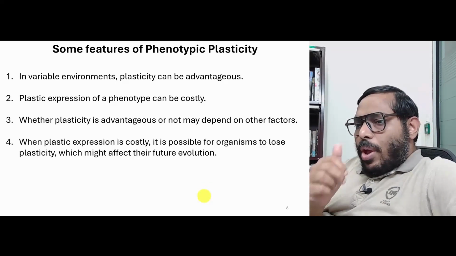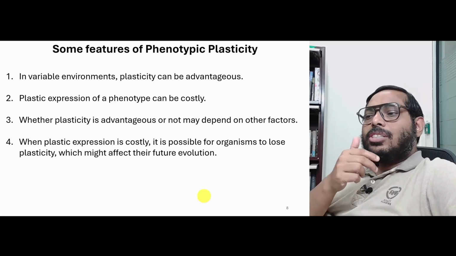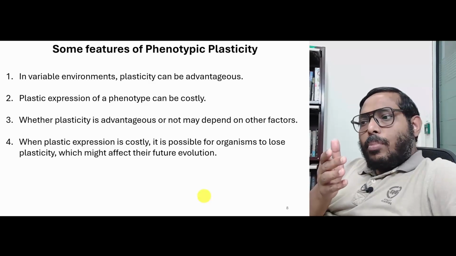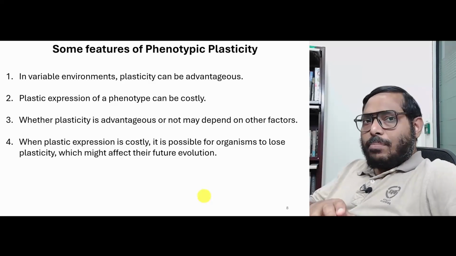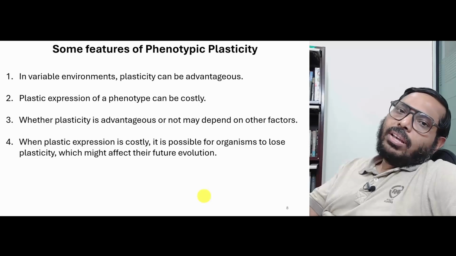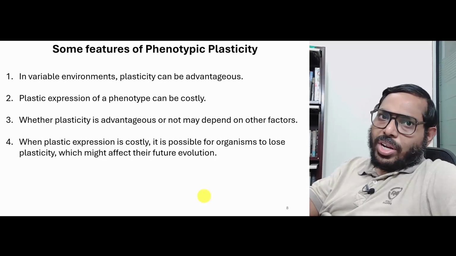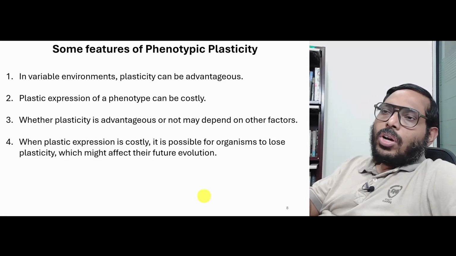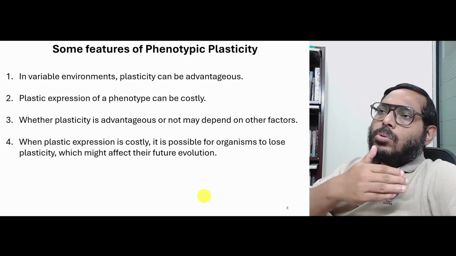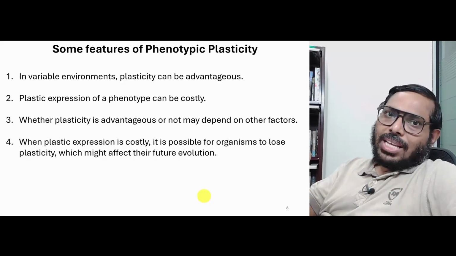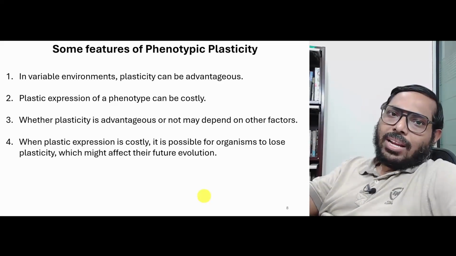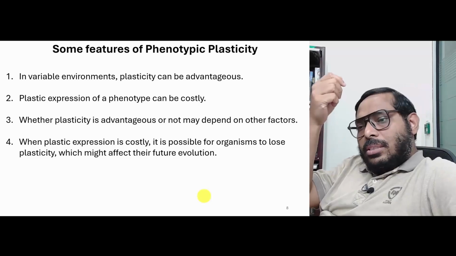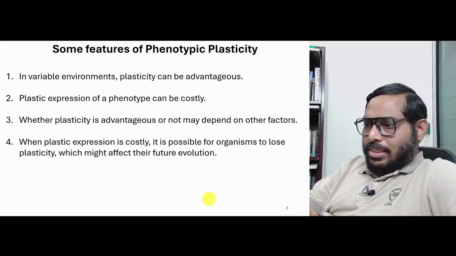And when plasticity expression is costly, it is possible for organisms to lose their plasticity, which might affect their future evolution. What you saw over here, because it was costly for them to change their melanic levels, they had to maintain a constant melanic level. That is why they just ended up losing the plasticity itself.